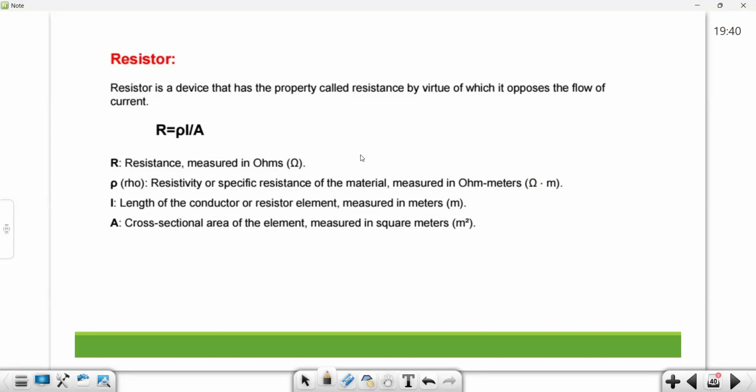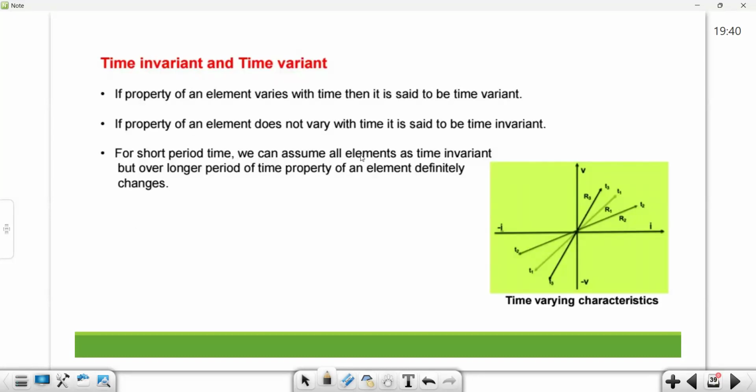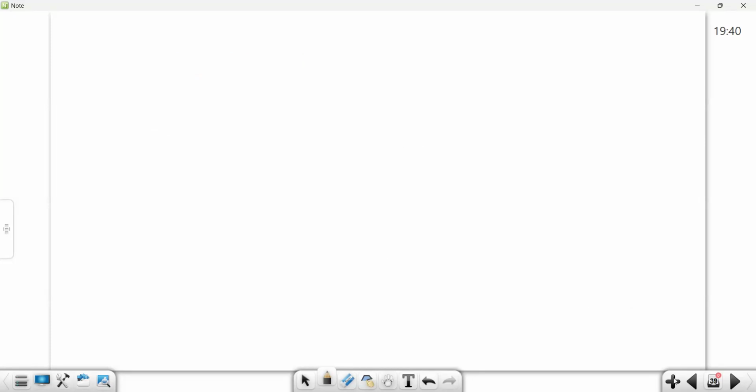I'll be giving you a few problems. We'll see the characteristics and just tell what kind of element it is.